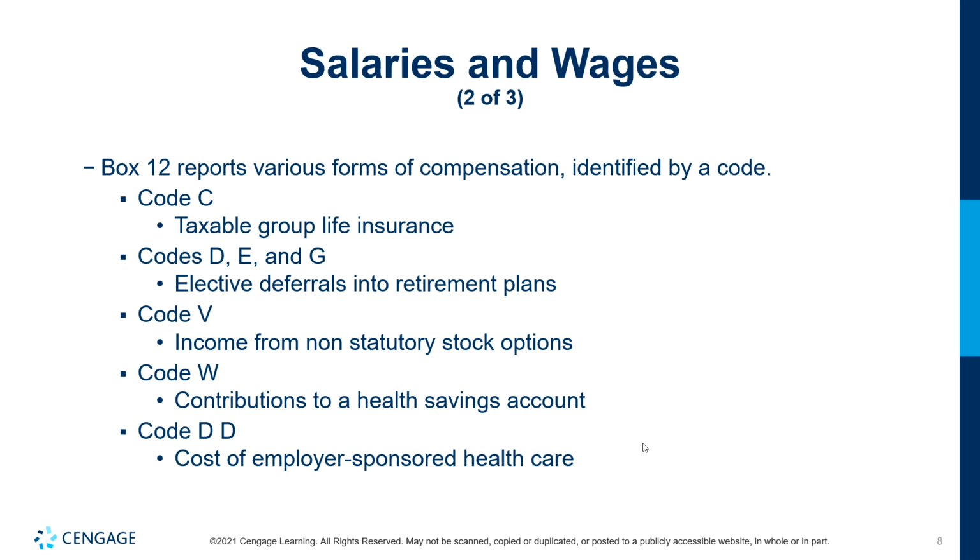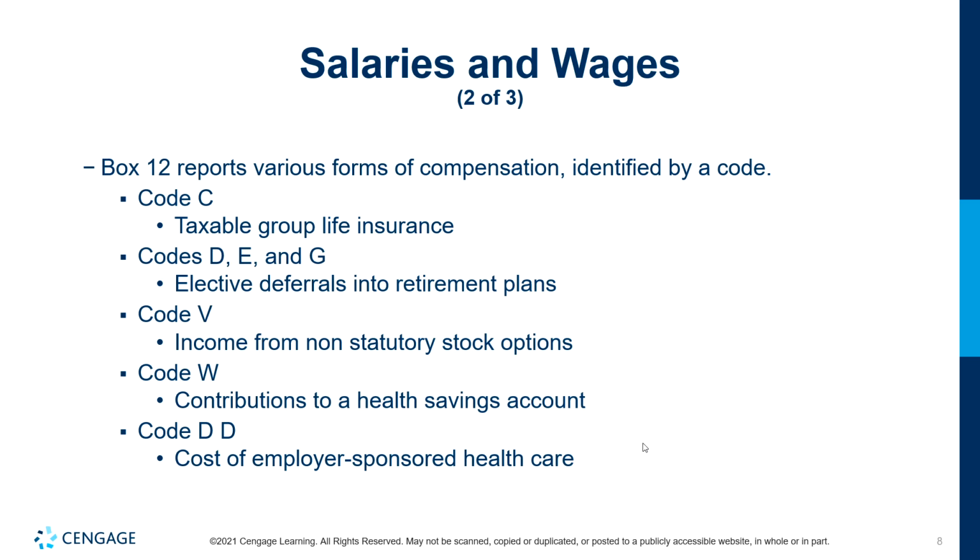And then we got box 12, which is just a doozy. We're not going to dive terribly deep into what box 12 has in store for us, because there are deductions and other items that we would have to look at. First off, we have code C, and this is taxable group life insurance.